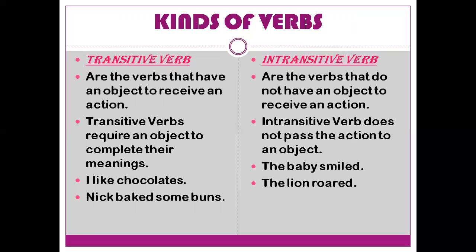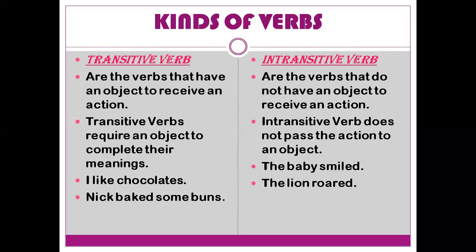That means a transitive verb will always have an object. Transitive verbs require an object to complete their meaning. That means the action passes to the object.